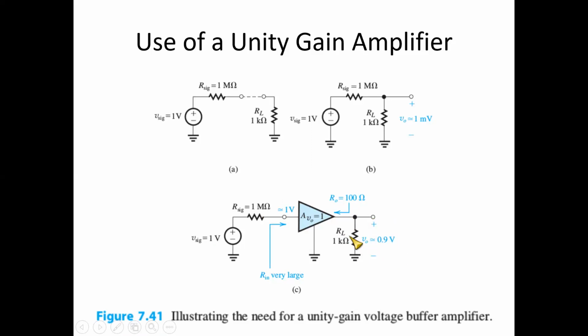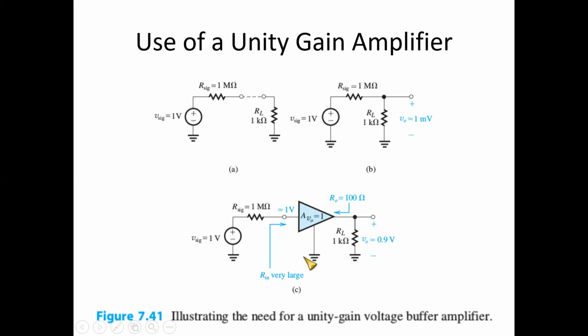So the output voltage is Vi multiplied by RL divided by RL plus Ro. That is 1 kilo ohm divided by 1 kilo ohm plus 100 ohms, which is 1.1 kilo ohms, so 1 kilo ohm divided by 1.1 kilo ohms into 1 volt is approximately 0.9 volts.